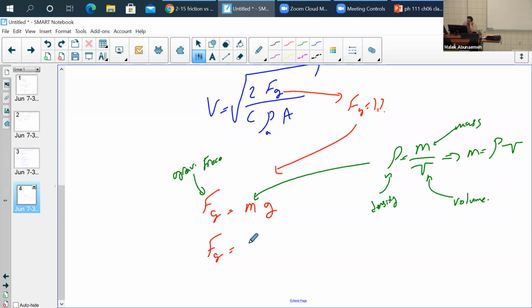So this would be your volume multiplied by your density of the water multiplied by your gravity. Well, this is all fine and dandy, but we still don't have the volume.